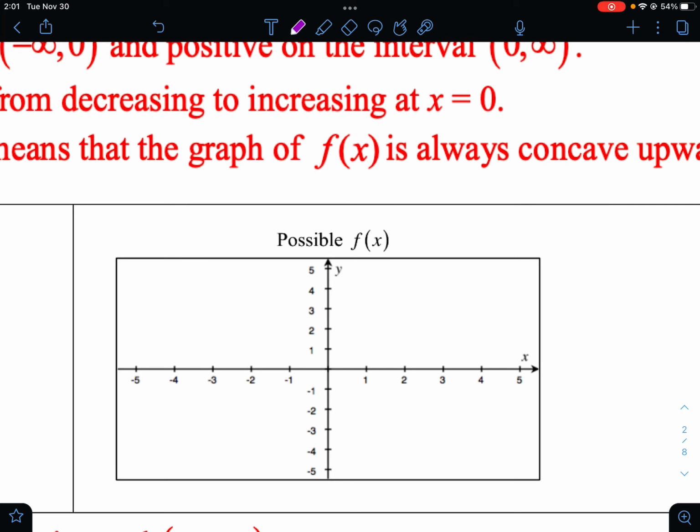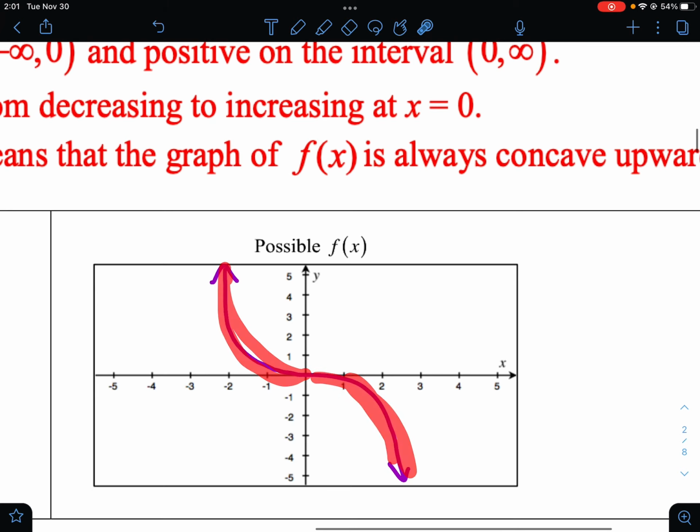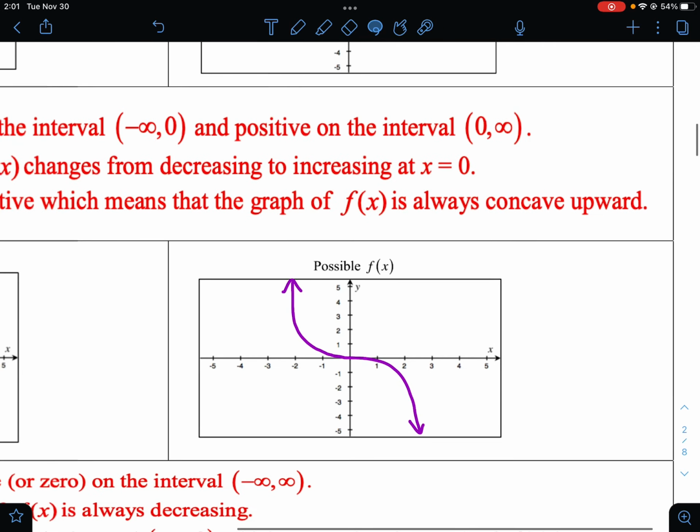All right, one possible graph could look like this. Concave up, concave down. Slope of 0 at 0, and always decreasing the whole time. And again, that graph can be moved up and down as much as we want it to.